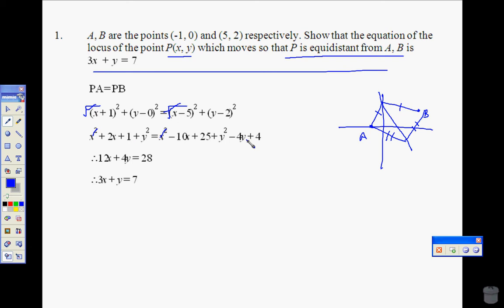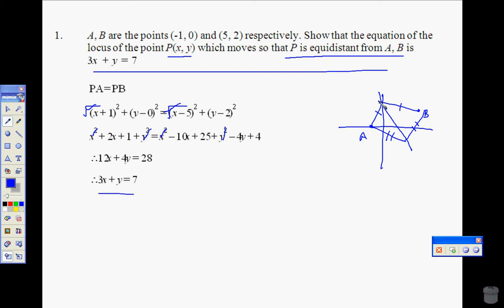We also get the y squareds cancelling out. 25 plus 4 comes across, we're taking the 1 across that side, and we took the minus 4y across that side. Divide everything by 4 because it's got a common factor, and then we get down to 3x plus y equals 7, which is an equation of a straight line.